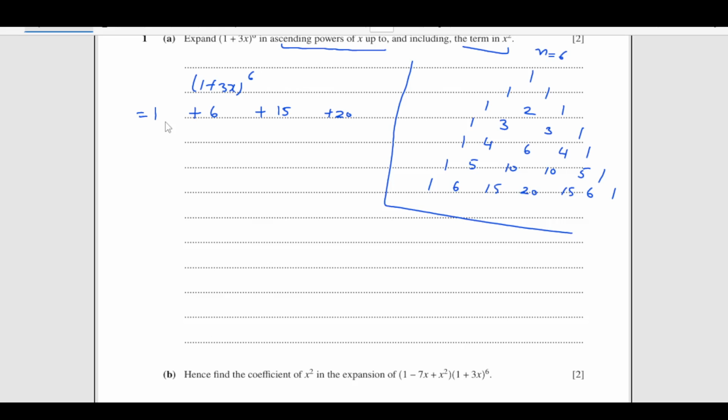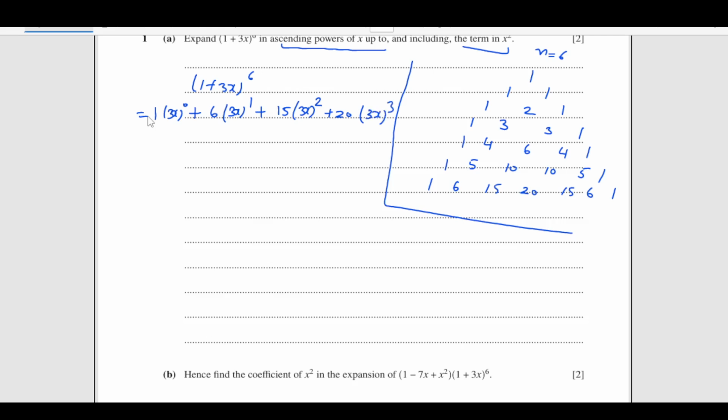So the first one we will have 3x power 0, so that will remain 1. Then here is going to be 3x power 1, and 1 power doesn't matter, 1 power 5. Then 15, it's going to be 3x squared, and here we are going to have 3x cubed.